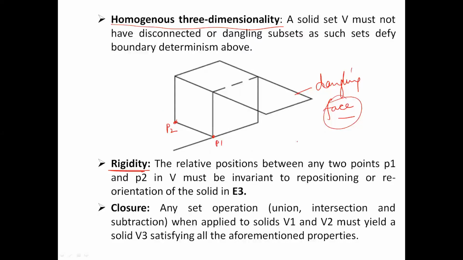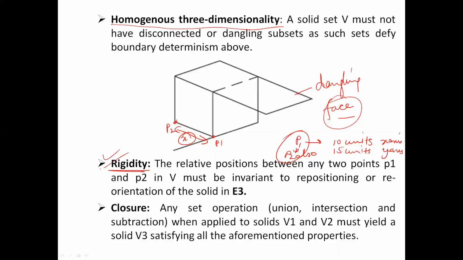Now, if I shift point P1 by, say, 10 units along the x-axis and 15 units along the y-axis, similarly point P2 also, the relative distance between P1 and P2, let us assume this as x dash, should not change if I change the location of the points. So that is what we call rigidity.